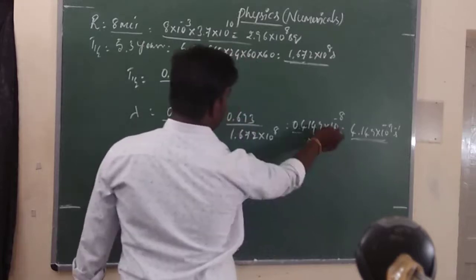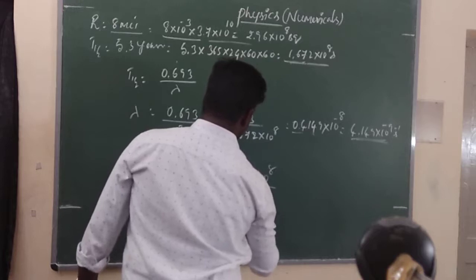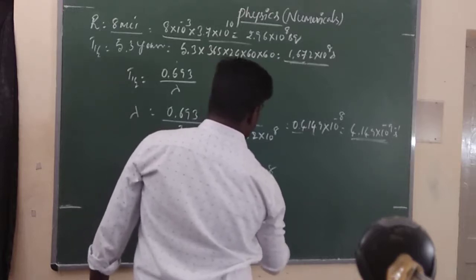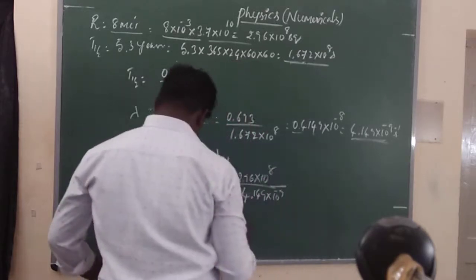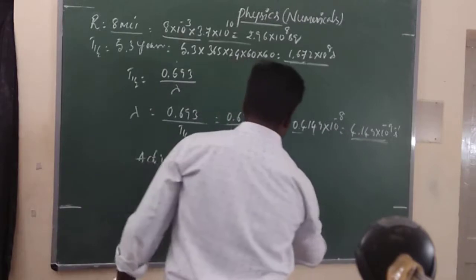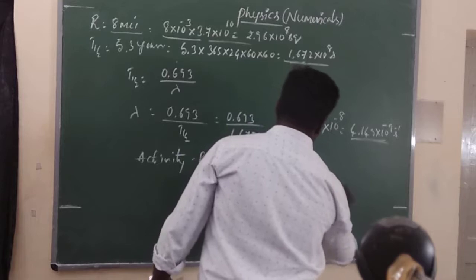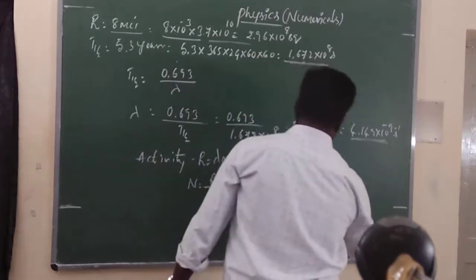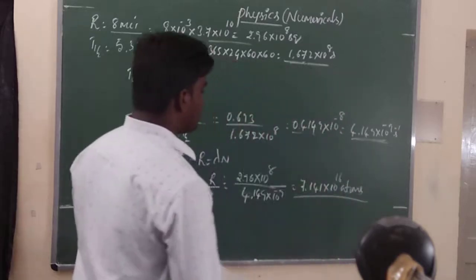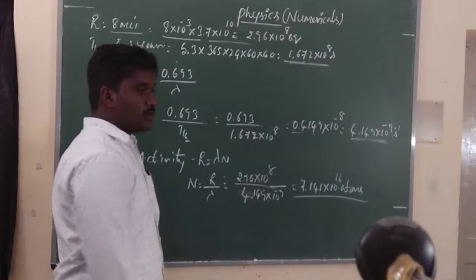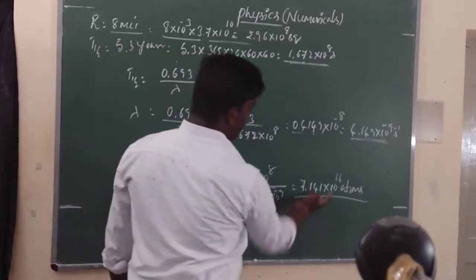The value of lambda is 4.149 into 10 to the power of minus 9. So finally we got 7.141 into 10 to the power of 16 atoms. So this many atoms are present in the cobalt.